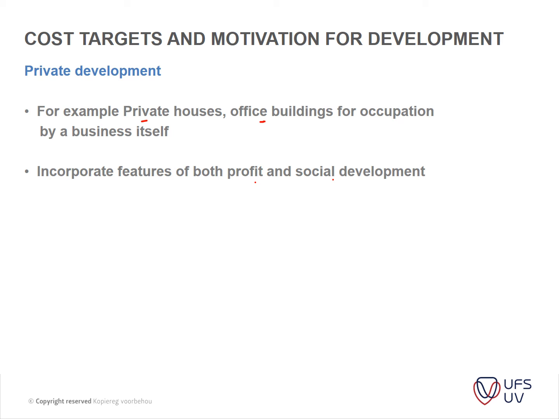A good example of this is private hospitals, where there's a social need for it, but there's also a profit margin that has to be adhered to, because this is self-funded by a certain group. They have to be able to build the hospital within that budget to make a profit, so that they can pay everyone who is going to work there, and also fulfill another need that might be there.